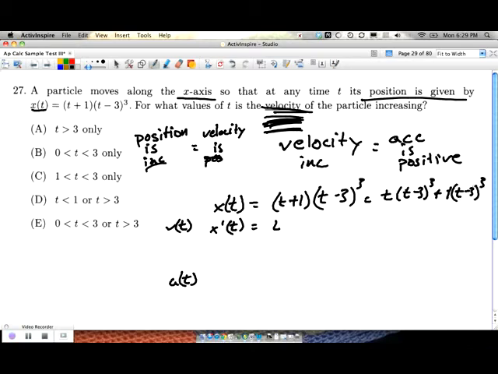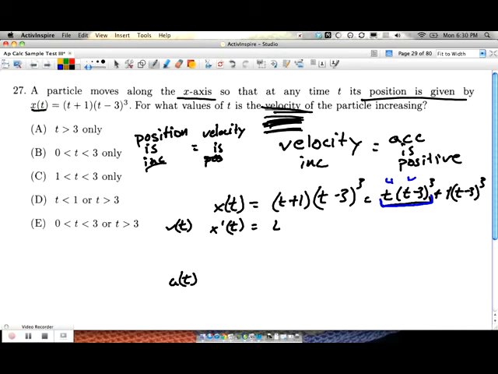So let's do the first term here, t times t minus 3 cubed. We'll color code this one in blue. It's going to be product rule, u prime v plus v prime u. Here's our u and v.